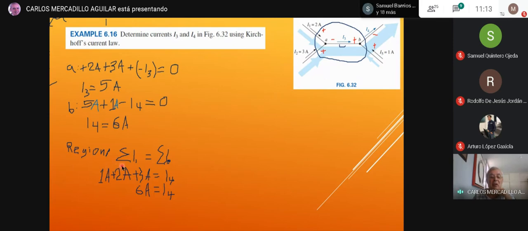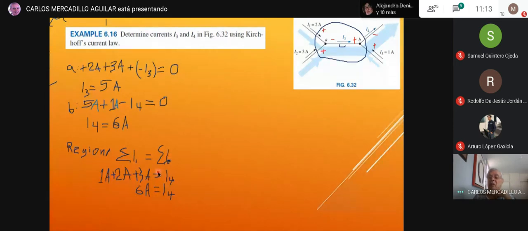So in the region, we will analyze the summation of input currents that must be equal to the summation of output currents. Sorry for my letter here, this is an I with a little zero there. This is a sigma of I output.